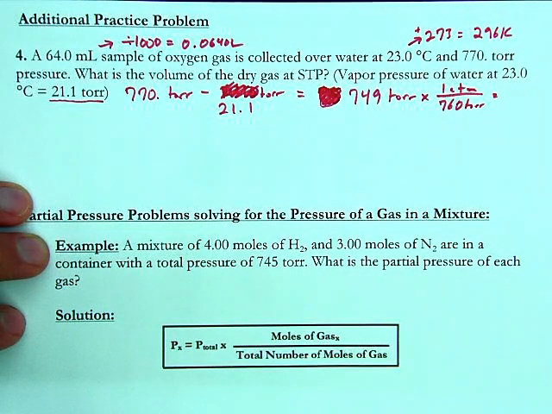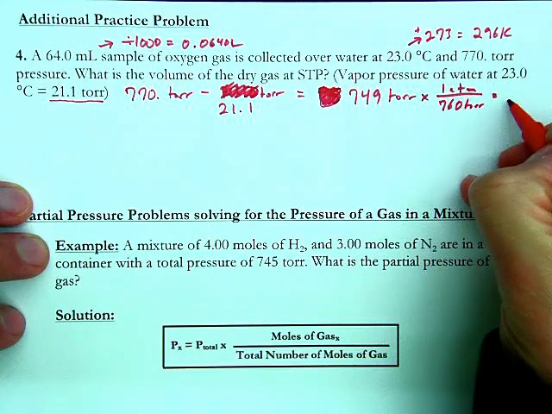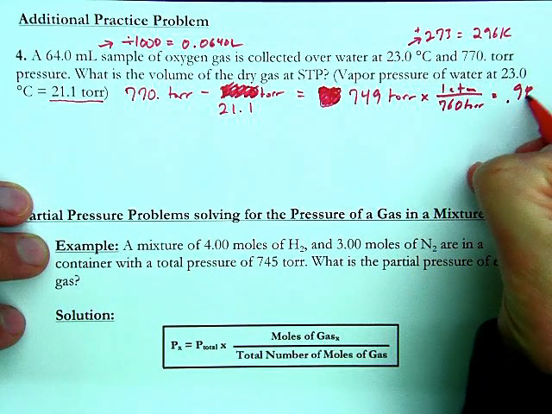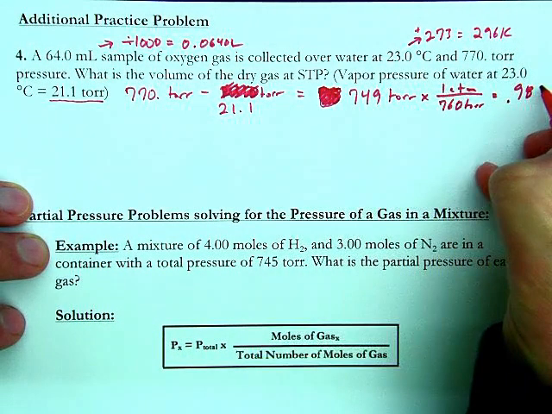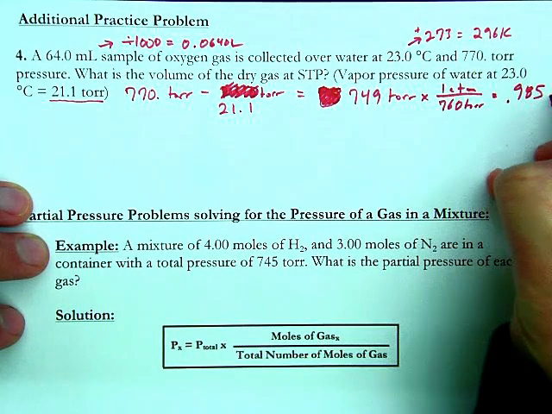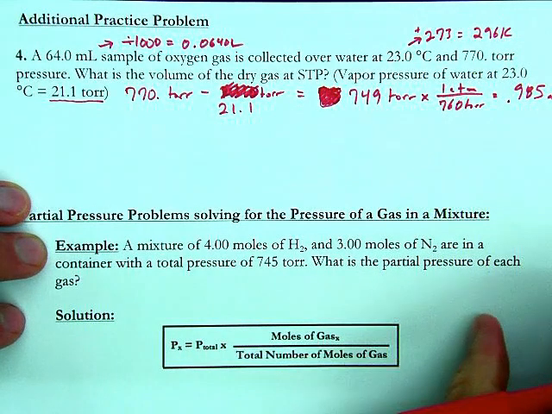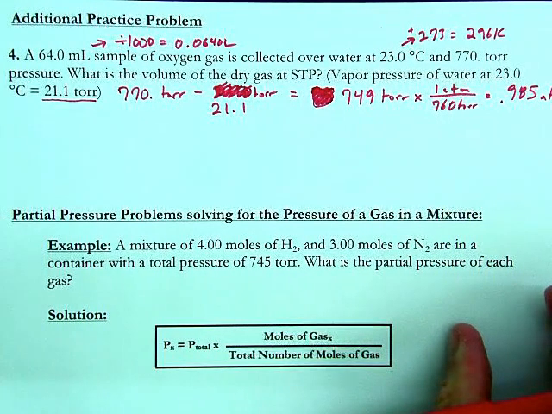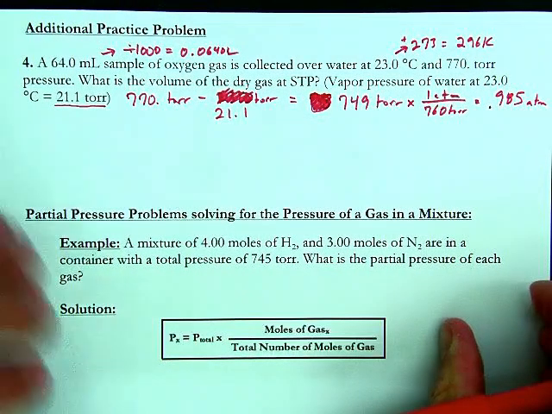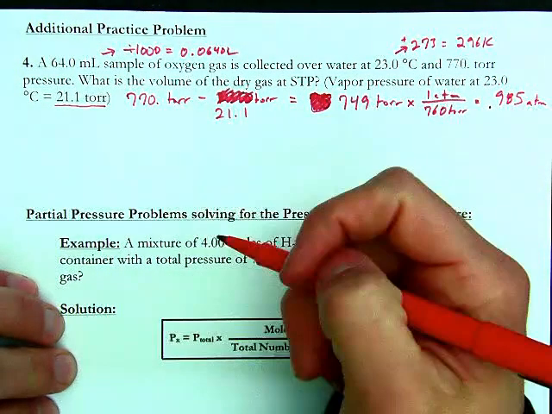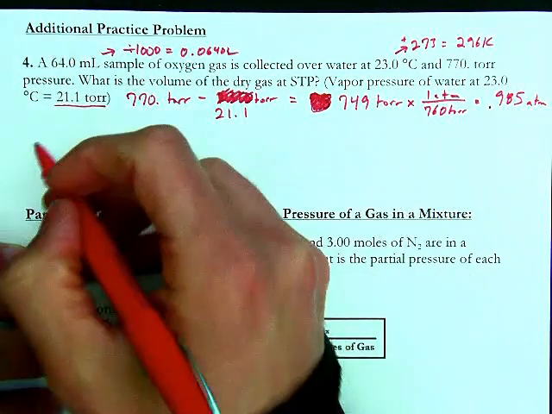So that's 0.985 ATM. That's in atmospheres. Now, after all of those conversions, we're ready to actually plug it into the ideal gas law.